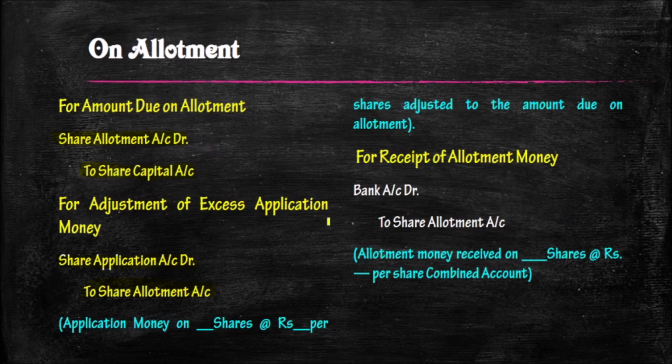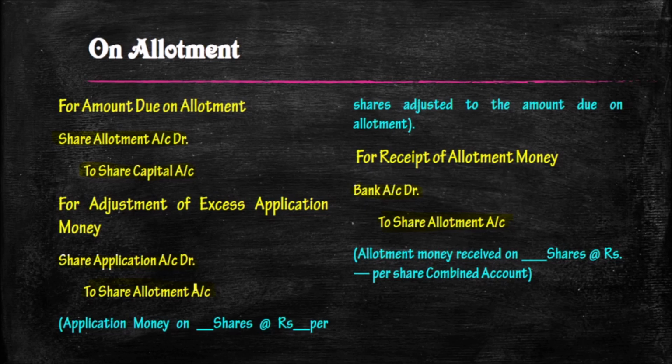And when we receive the allotment money from the bank, it is bank account debited to share allotment. When the public pays and the company collects the amount through the bank, the entry will be bank account debited to share allotment. The share application to share allotment entry is not common.